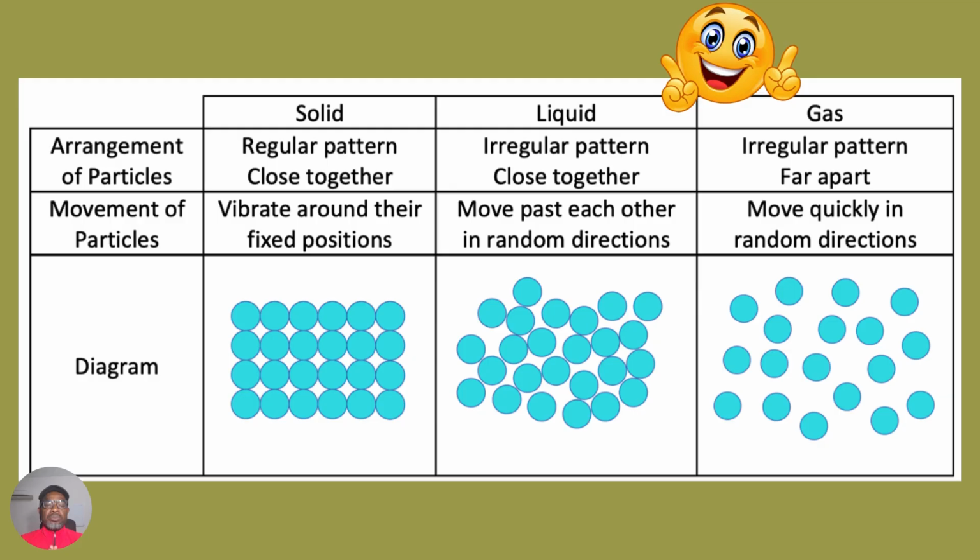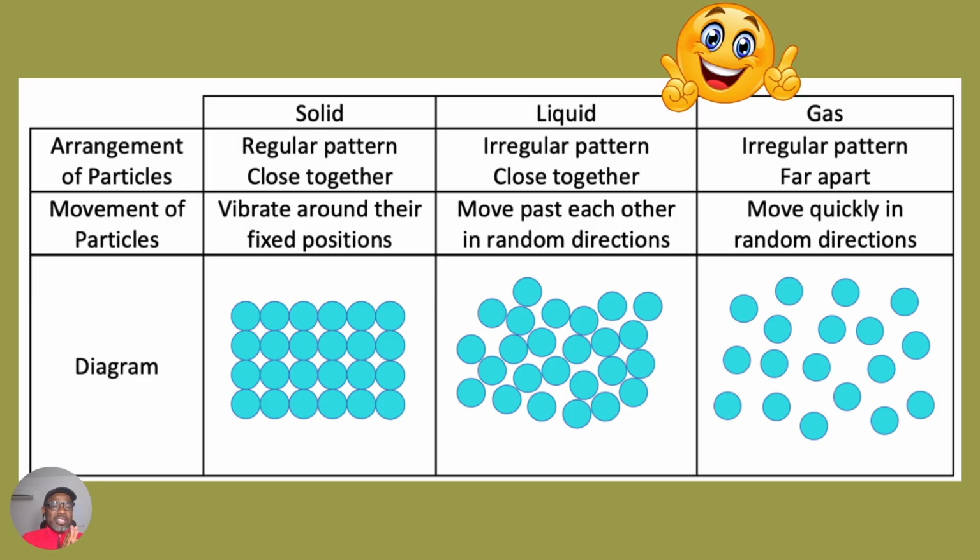Okay, so let's look briefly at the properties of the solid, liquid, and gas as it forms the particle models. The arrangement of particles and movement of particles, and then of course you look at the diagram. For solid, they have a regular pattern and they're close together.